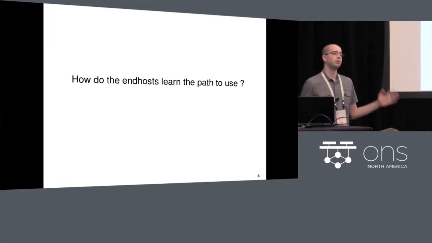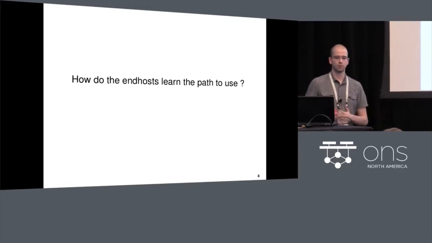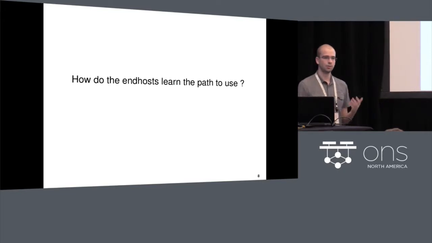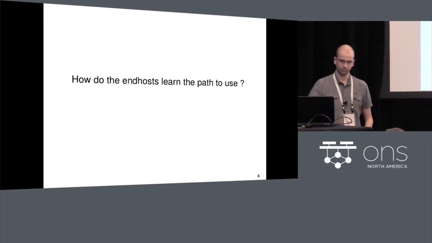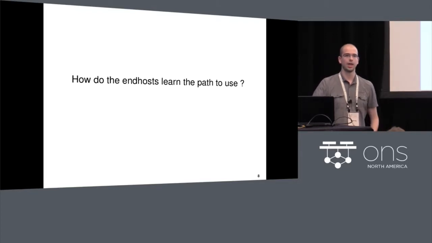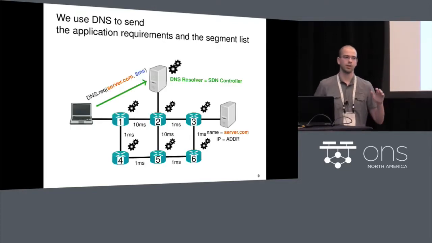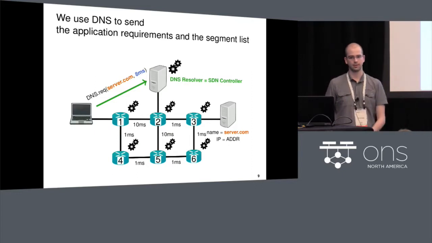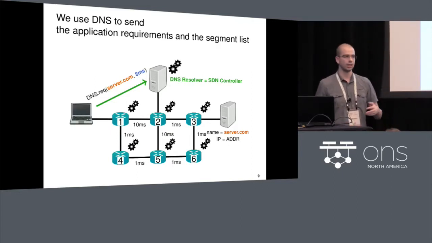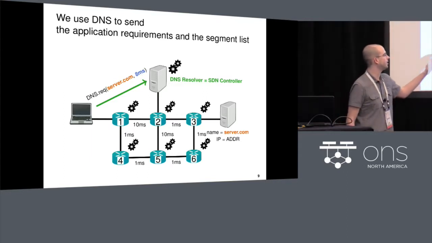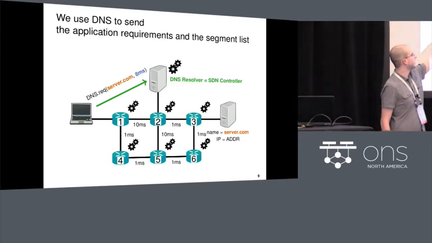But still, how does an endhost know the path ID to use? Well, it has to communicate with a central unit that will tell it which one to use. And how will it communicate? We have chosen to use DNS. Why DNS? Because it's a widely deployed protocol, and because we can extend it easily by adding, for instance, a requirement of the application.